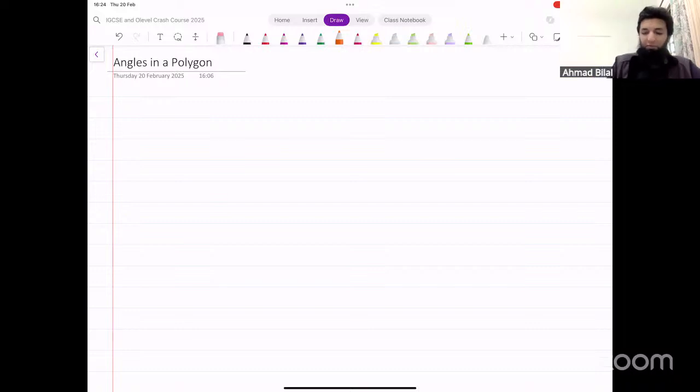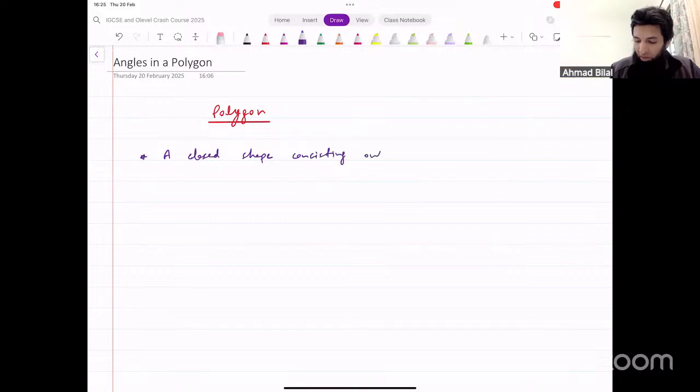So now, first of all, what is a polygon? A polygon is basically any shape that consists of straight lines. It's a closed shape consisting of straight lines. Let me write that down. A closed shape consisting only of straight lines.